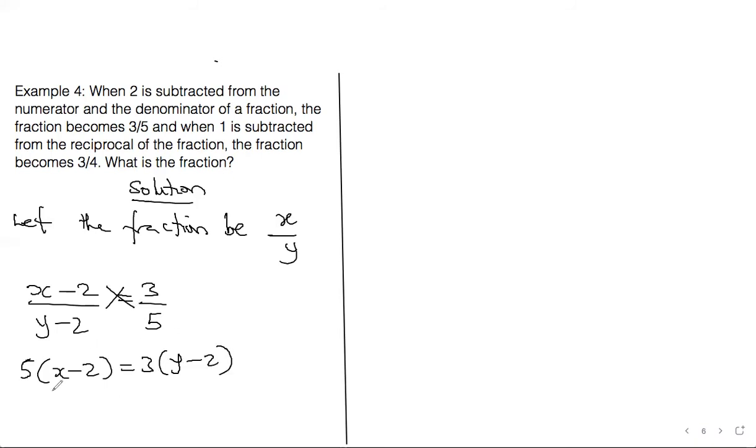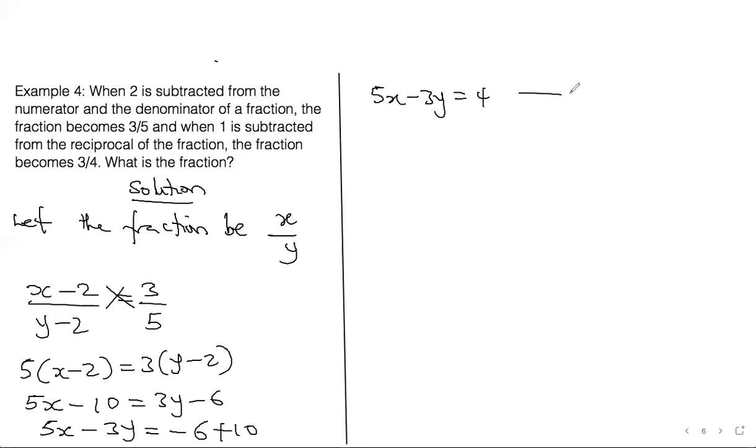So we can simplify it. 5x minus 10 equals 3y minus 6. Then you have 5x minus 3y equals minus 6 plus 10. 5x minus 3y equals 4. So you can keep that as equation 1.